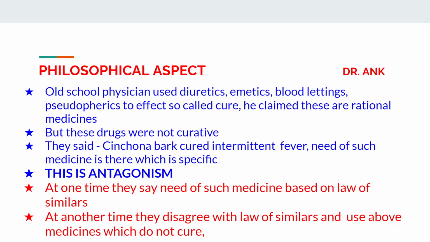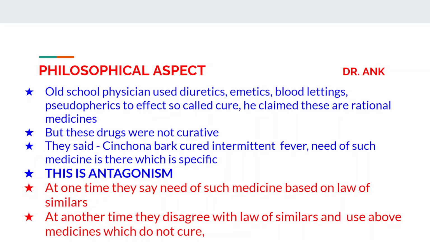At one time they say that the cause of disease is material and they treat by applying leeches, doing venesections, draining fluids, and at another time they accept that there is a need of specific remedies which can cure the diseases, but they don't allow the proving of these remedies on healthy human beings. They don't accept this. So this is the antagonism.